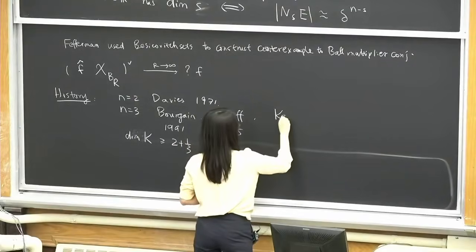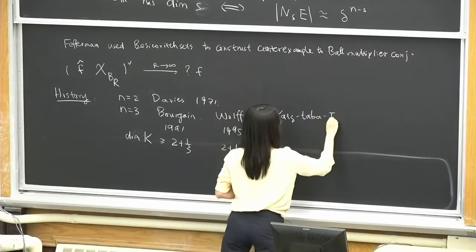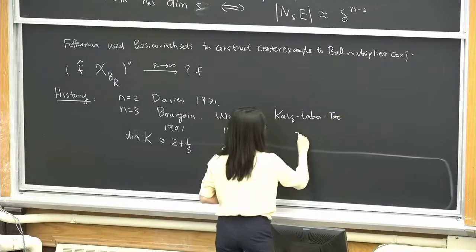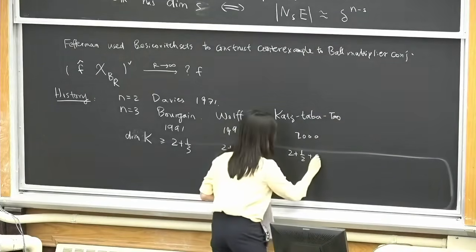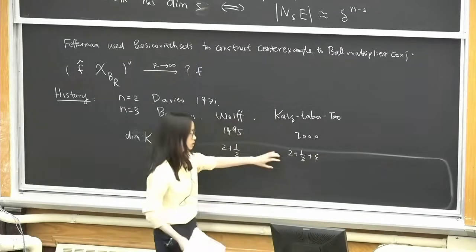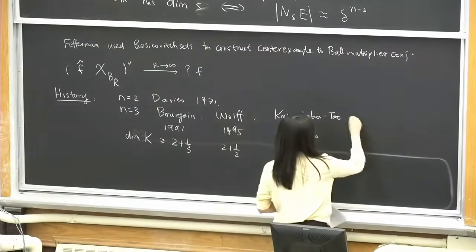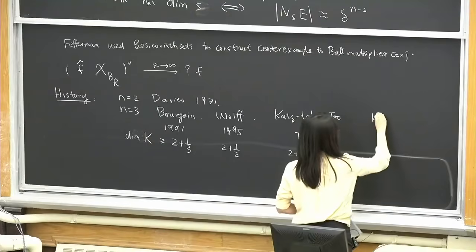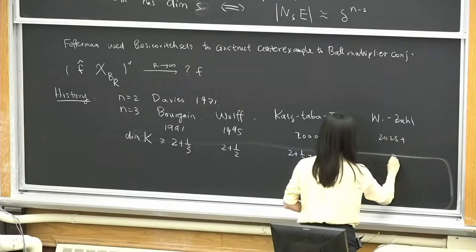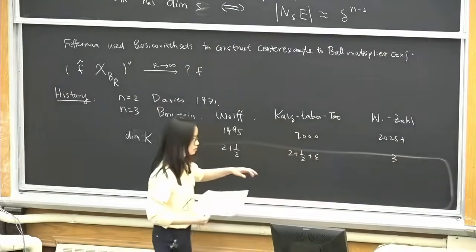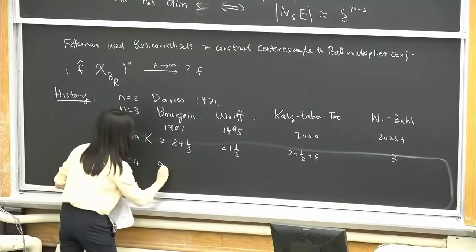And then there is a result of Katz, Łaba, and Tao. They show that there exists some positive epsilon such that the Minkowski dimension of a Kakeya set is greater than or equal to 2 plus 1/2 plus epsilon. And this year, joint with Josh Zahl, we proved that it should have Hausdorff dimension 3. And it's still open in dimension greater than or equal to 4.